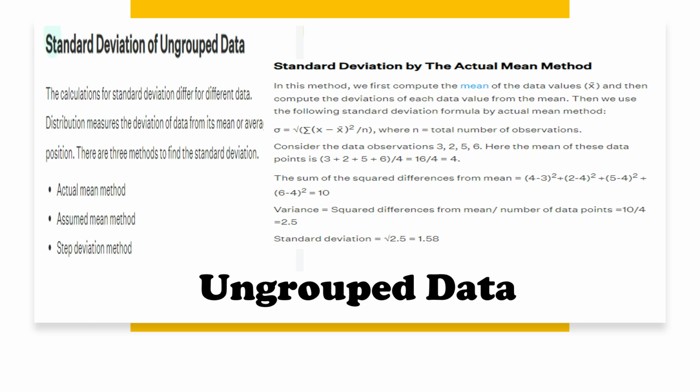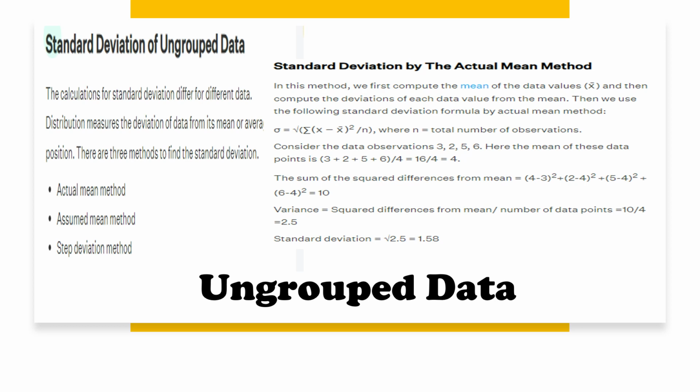So let's talk about standard deviation by the actual method. This is how the actual mean method works to find the standard deviation. In this method, we first compute the mean of the data values and then compute the deviations of each data value from the mean.